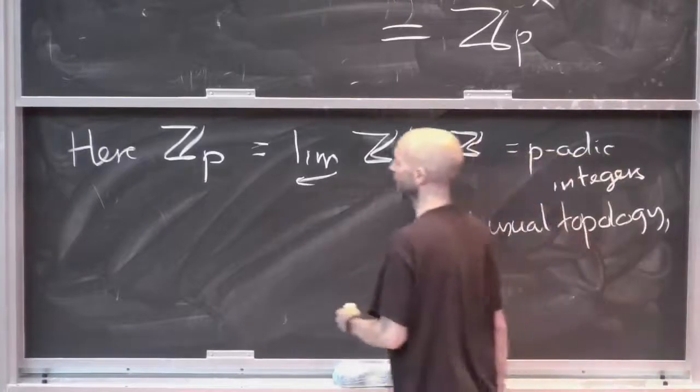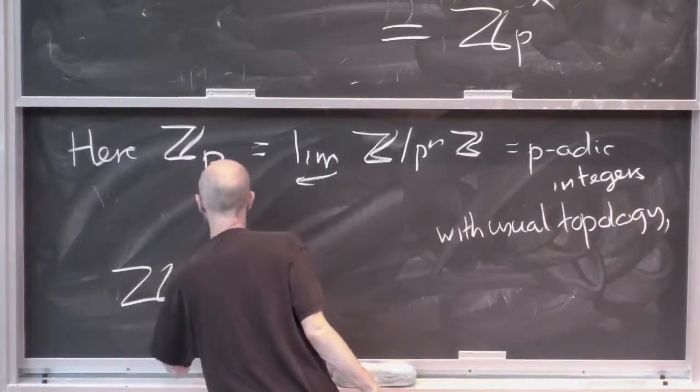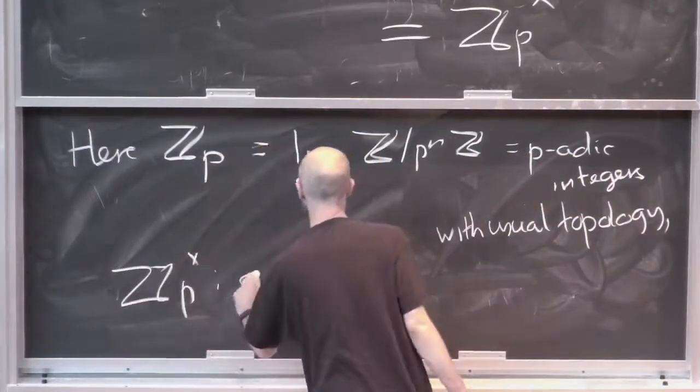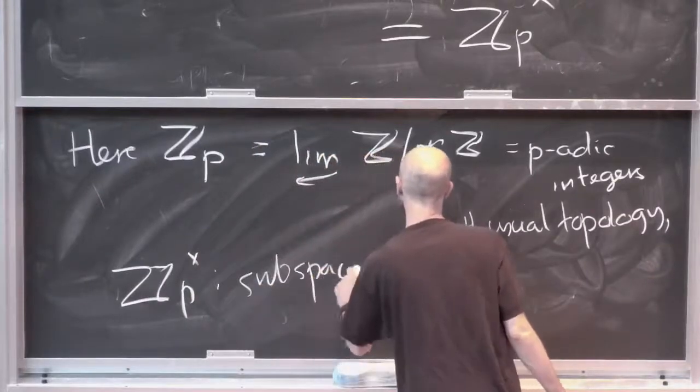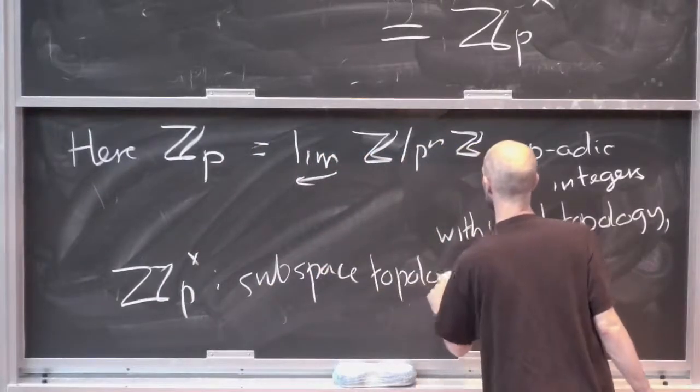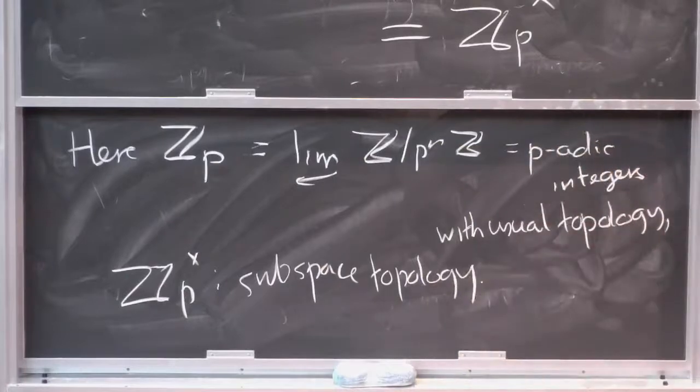And Zp star, I'm being a bit cheeky, I shouldn't really do this, but just give it the subspace topology.